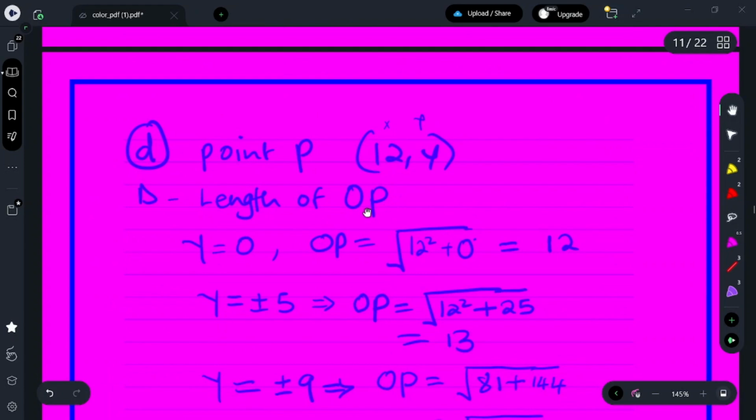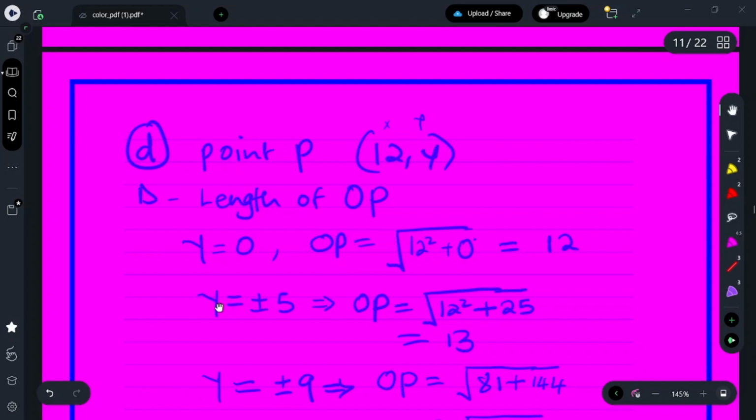So for the length to be 0, sorry, so y equals 0 is our first value of y. So when we know y is 0, what will OP be? It is going to be the square root. This is the modulus. OP is going to be the square root of 12 squared plus 0, which is 12.